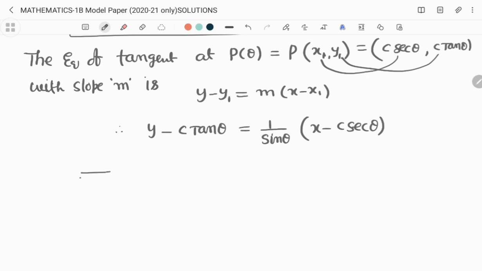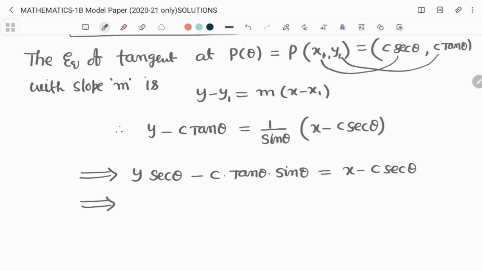So now just cross multiply. y into sin theta minus c into tan theta into sin theta is equal to x minus c secant theta. They are asking to prove y sin theta only, no? Sorry, secant theta I wrote, sorry.